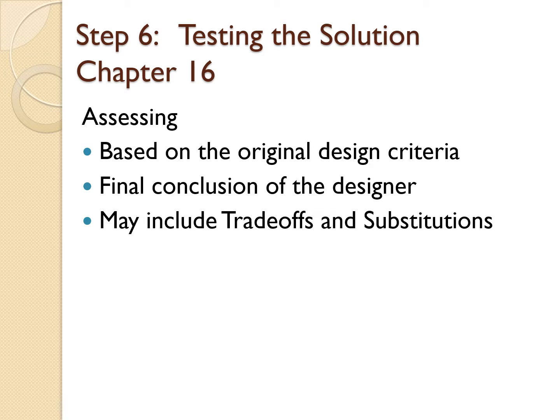So a trade-off is, our vehicle performs well. However, because a certain part of it is way too expensive, we have to use a different part, which is going to affect the performance. So that would be a trade-off. We're doing one thing for another.